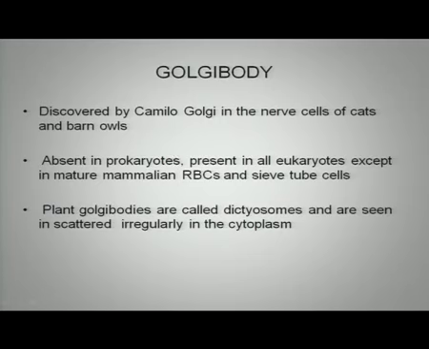It is present in all the eukaryotes except in mature mammalian RBCs as well as sieve tube cells. Plant Golgi bodies are not well organized. They are seen scattered irregularly in the cytoplasm. So, we will call these plant Golgi bodies dictyosomes.